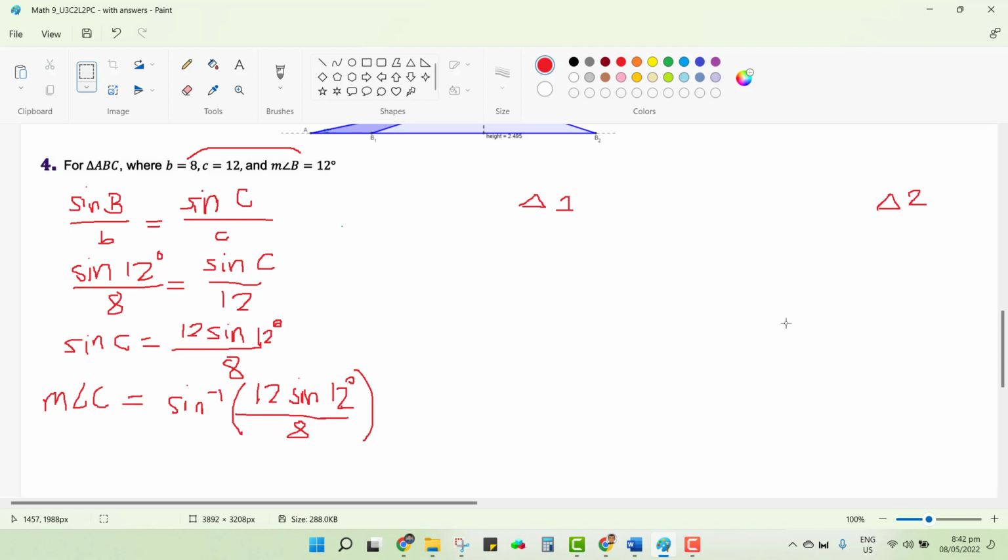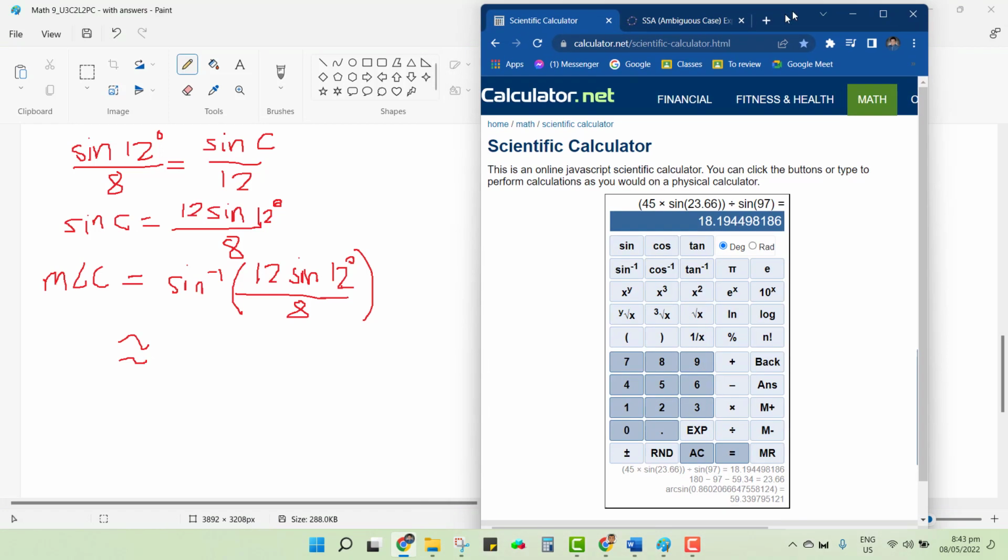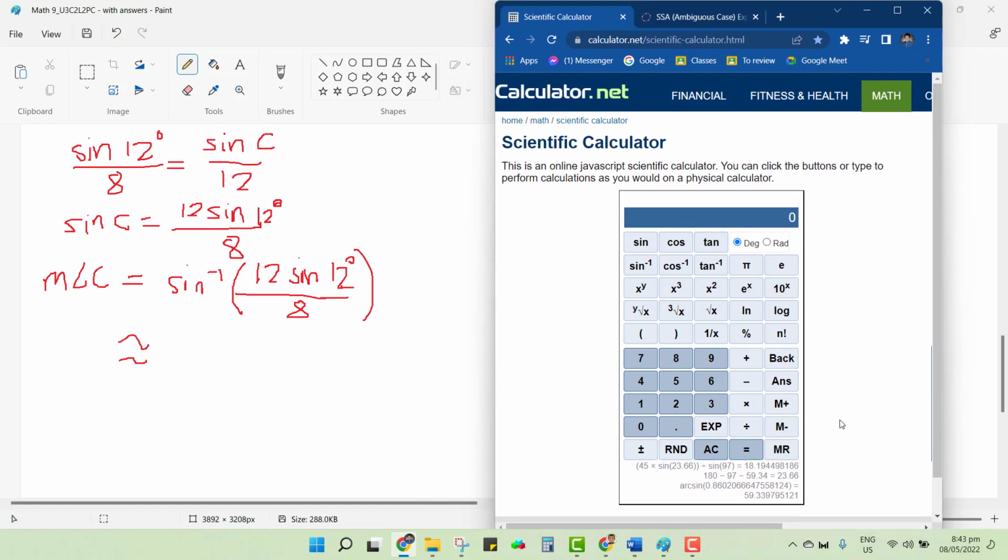Since there are two triangles to be solved, we need also to identify the correct use of the value of the angle C later. So the measurement of angle C is approximately equal to something. Let's use the calculator. Let's click AC to remove everything. So you will have numerator 12 sine 12 divided by 8.